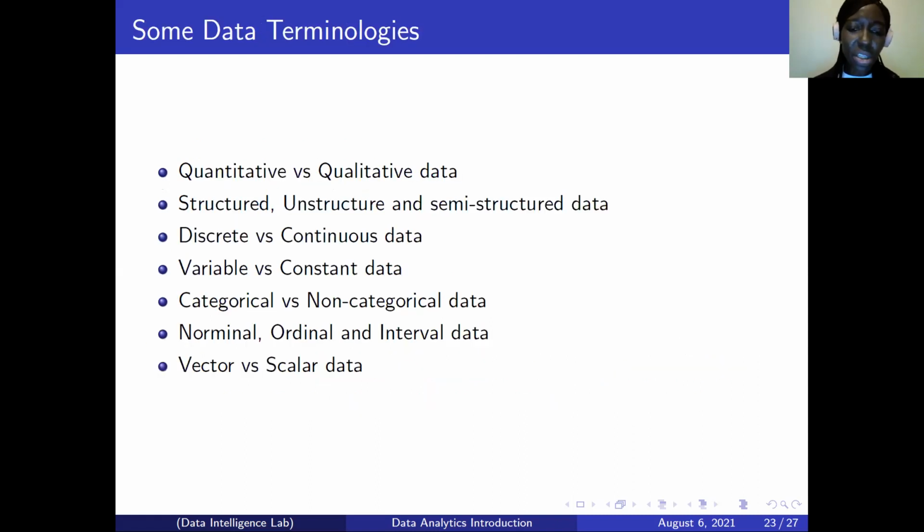Yeah, and then these are various forms of data, different ways that data can occur. We talked about quantitative and qualitative data. Quantitative is data in quantifiable form, like your integers, your floating numbers, data that can be measured.